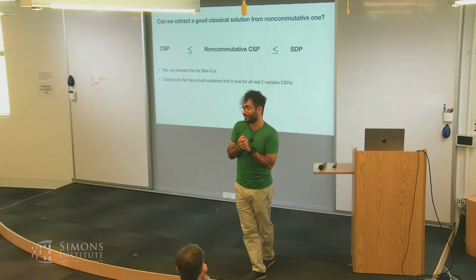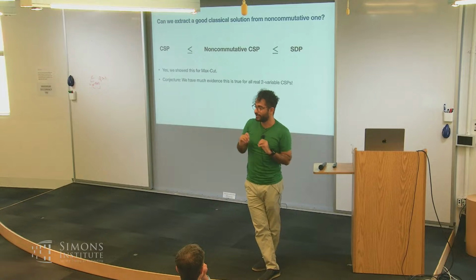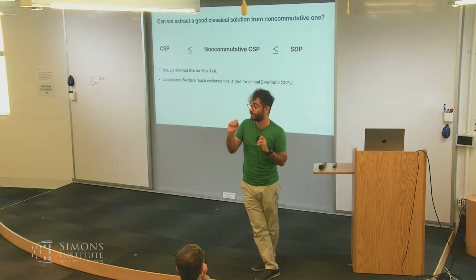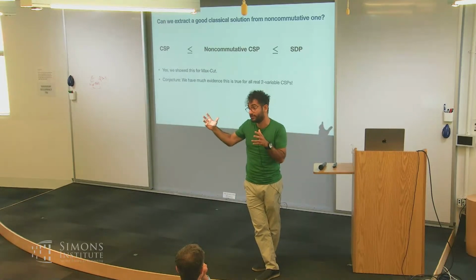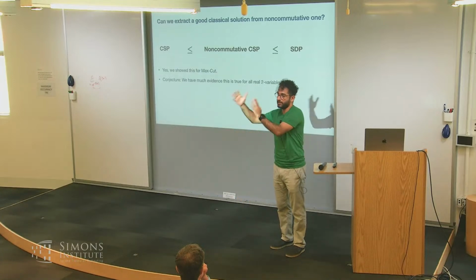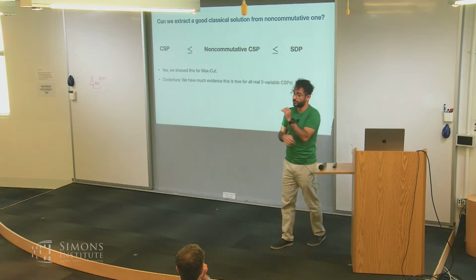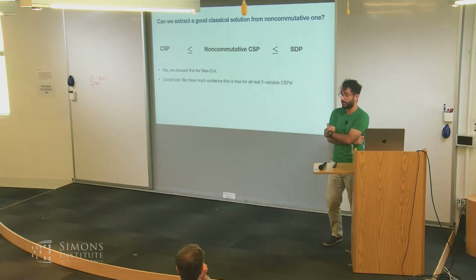Non-commutatively, we can say much more. The algorithm does not give you an approximation ratio, but it is enough to refute the unique games conjecture in the non-commutative setting. Does that make sense? Max k-cut is another class of two-variable CSPs, and for those we know how to approximate them efficiently.